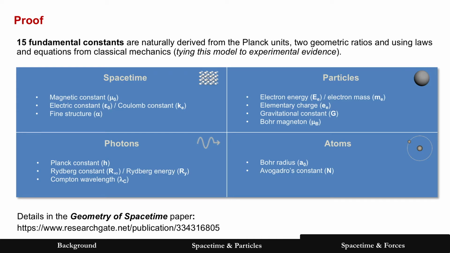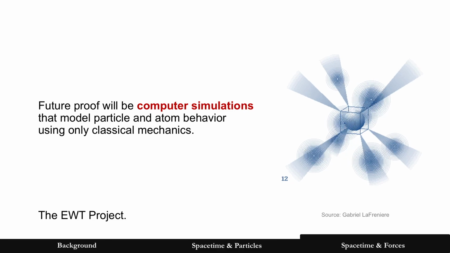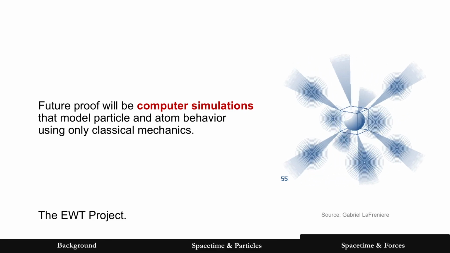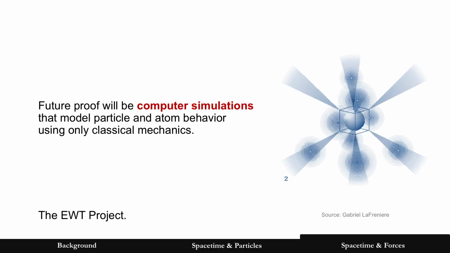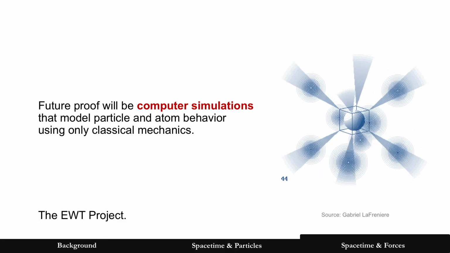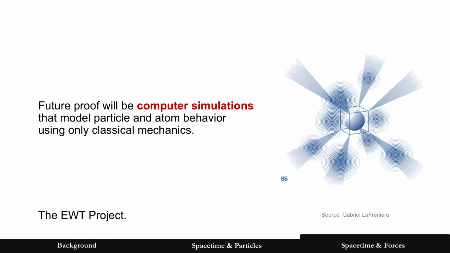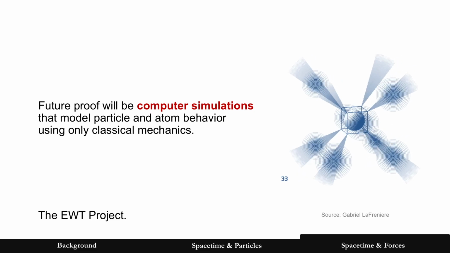For photons, the Planck constant. And so the derivation of all these constants is important to be able to tie back to experimental evidence. And so there's proof there in the paper. The question is where to go next. So future proof will be computer simulations that model particle and atom behavior using only classical mechanics.